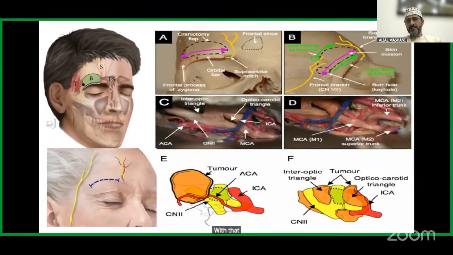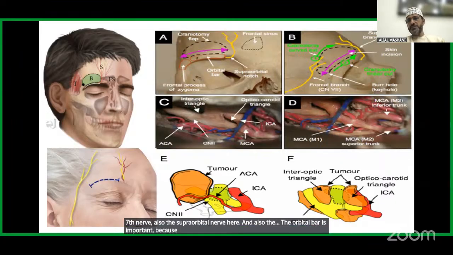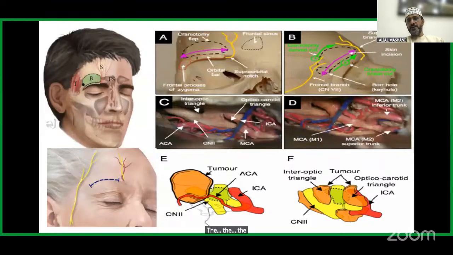With that, the important structures are the frontal branch of the seventh nerve, also the supraorbital nerve here, and also the orbital bar, because the inner bar matters during our craniotomy, and this is the type of craniotomy I have to take care with.